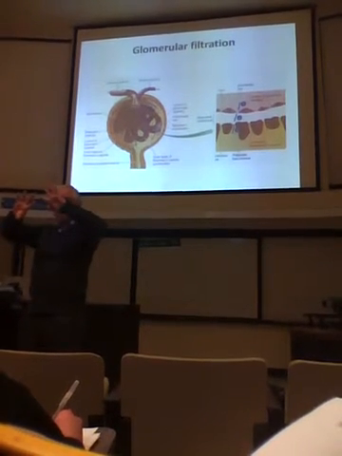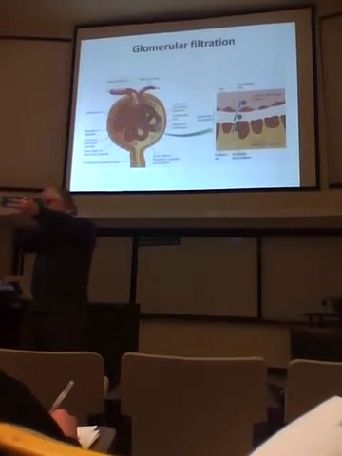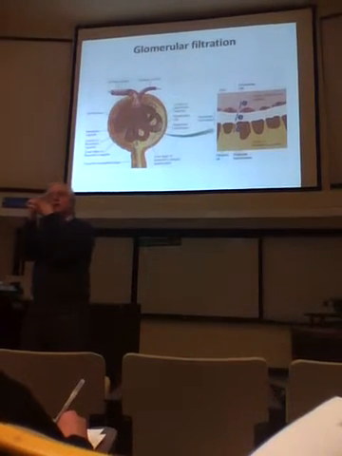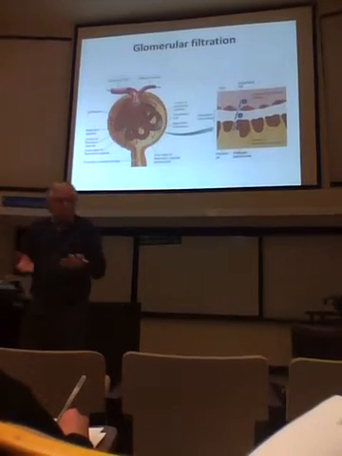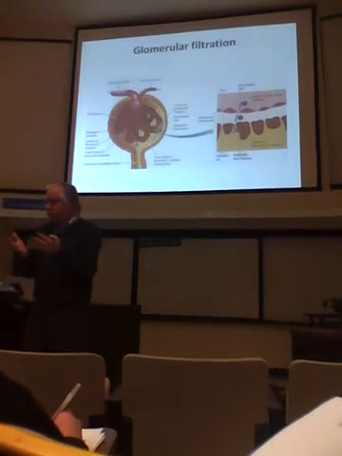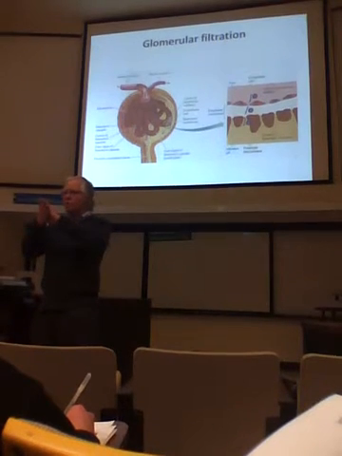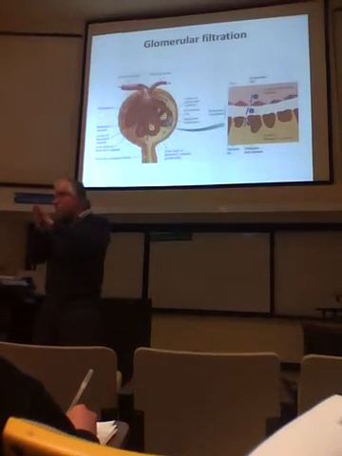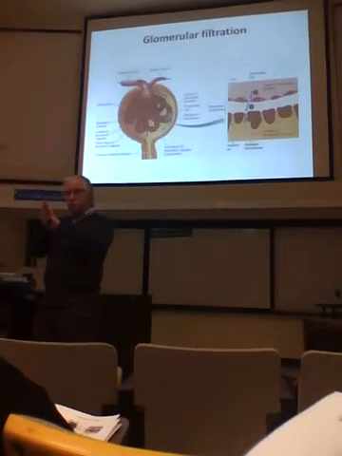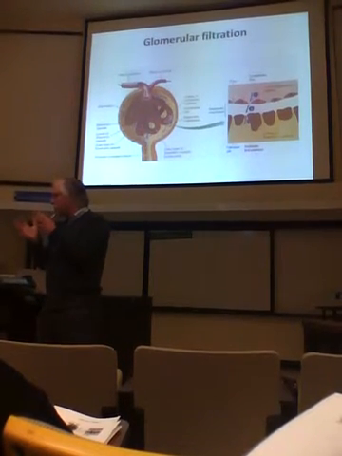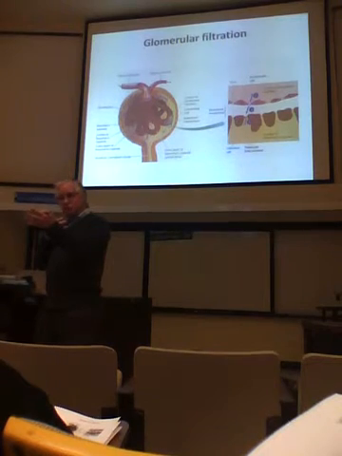If you have large holes in the mesh, then stuff will get through that shouldn't. If the mesh gets clogged up, then stuff won't go through that should. Both of these things happen in disease. The membrane gets clogged up, and so the filtration isn't working properly. Or the filter gets blown full of holes, and stuff like blood cells goes through which shouldn't.